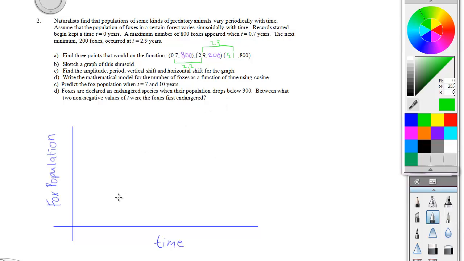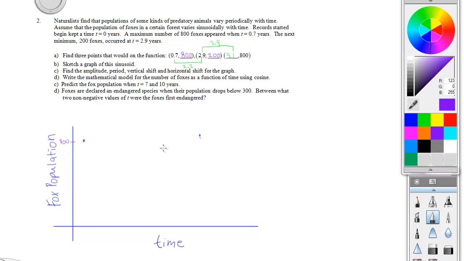So then you can come down and start trying to graph those points and just make up a rough scale, over a little bit and up 800. That's one of the higher points on the function, so we can indicate that that is 800. And then over 5.1 and up 800.